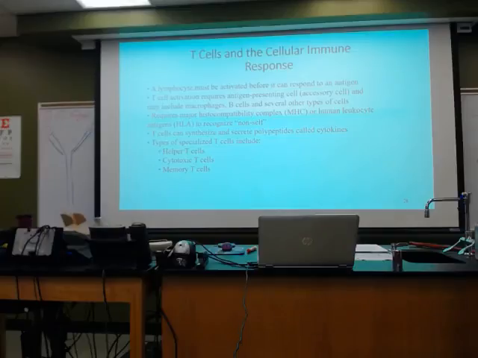So, 10 becomes 20, 20 becomes 40, 40 becomes 80, and their job is to go fight that pathogen. Of the 10 that got activated, for that first response, each one creates a set of memory cells.